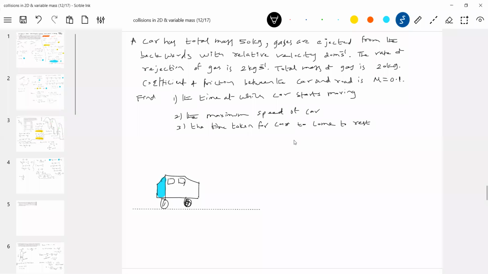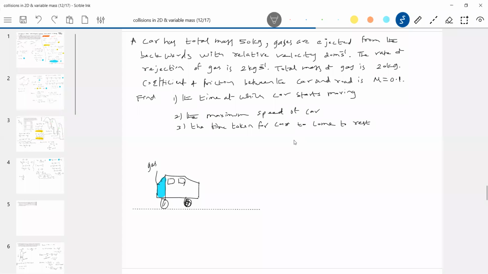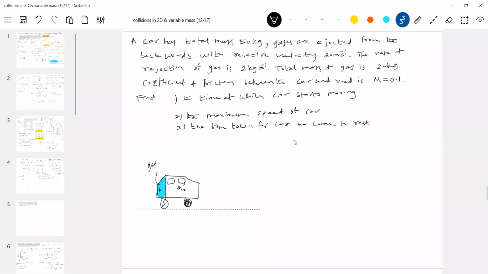Total mass 50 kg. Gases are ejected. This is the gas. I'm just giving some small diagram. Now read the question so that you'll understand the equations I'm going to write. What is the mass of the car? Has total mass 50 kg. Gases are ejected.